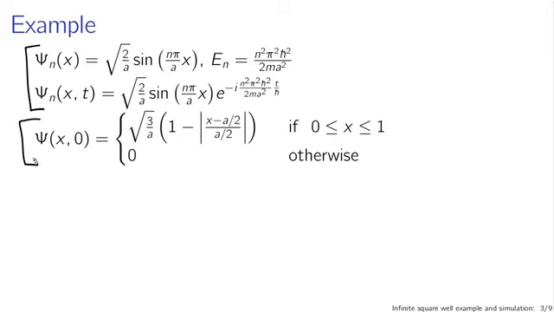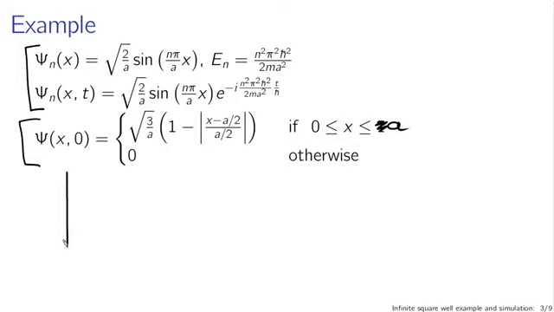The initial condition that I'd like to consider in this lecture is the wave function evaluated at t equals 0 is 0 if you're outside the domain, and if you're inside the domain, you have this properly normalized wave function. We have an absolute value in this, which makes it a little difficult to work with.